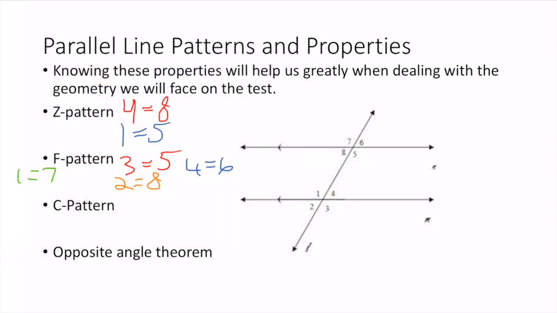Okay, the C patterns are a little bit different. In the C pattern, the two inside angles of the C add up to 180. So here angle 4 plus angle 5 would equal 180.